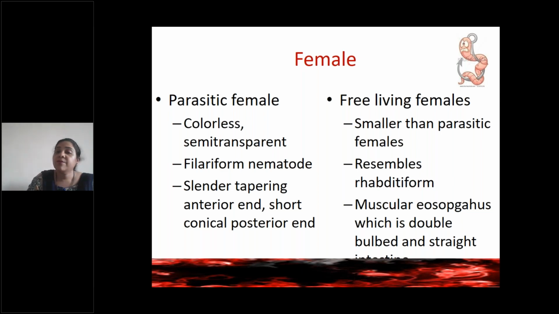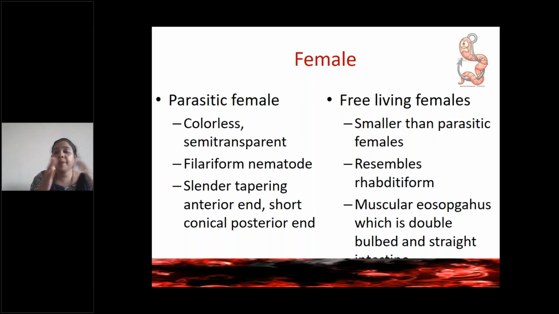Okay, next, free-living female. They are smaller than parasitic females and resemble rhabditiform larvae. They consist of a muscular esophagus, which is double-bulbed and straight.